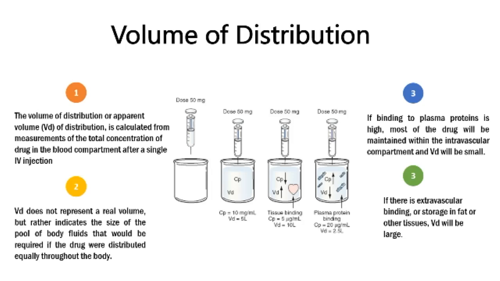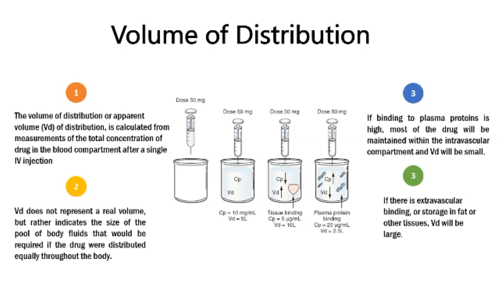So he went through all of that a while ago in terms of the 50 milligrams that you inject and what happens when the drug is highly protein bound or extensively distributed: VD is going to be larger.